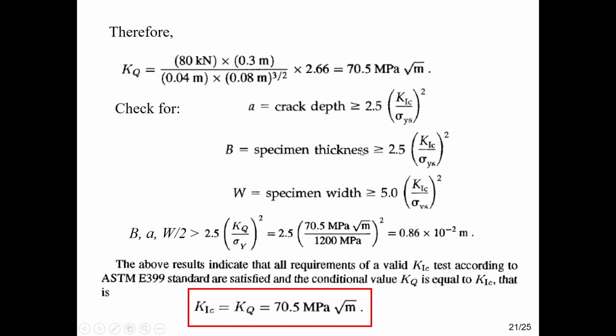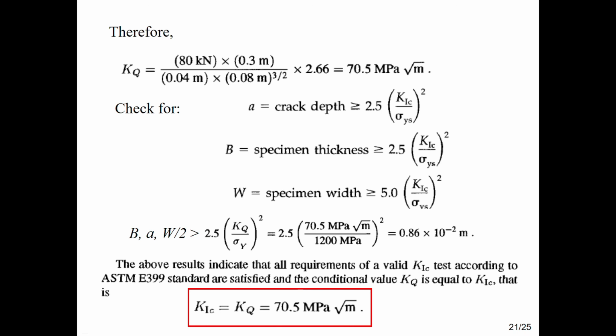Based on the result, they mentioned that B, A and W are actually more than this term, which is equal to 0.86 times 10 to the power of negative 2. So the above results indicate that all requirements of a valid K1C test according to the ASTM E399 standard are satisfied.